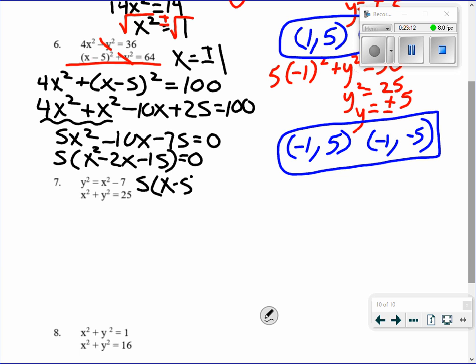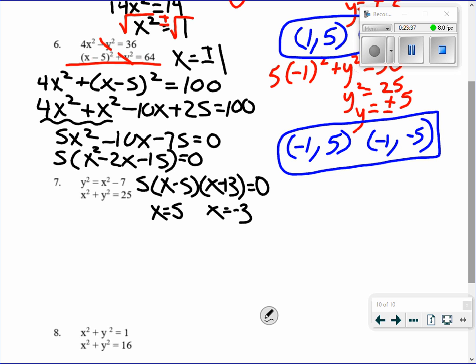X minus 5 and x plus 3. So then you set each factor equal to 0, and we know x should equal what and what? 5 and -3. Good.